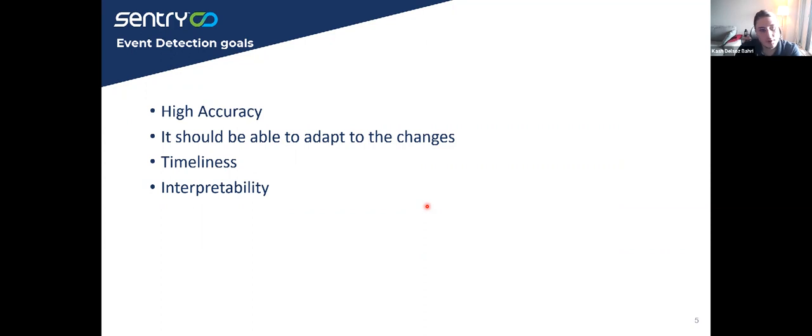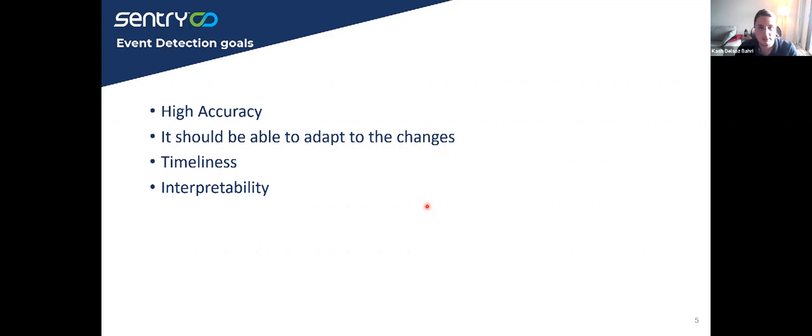So what are the goals? Basically, we want higher accuracy. We want to identify more events and potentially reduce the false alarms. The algorithm that we are going to use should be adaptable to changes, because as you know, wastewater influent changes over the time, and it can have different structures, and the structure might be changed over the time.